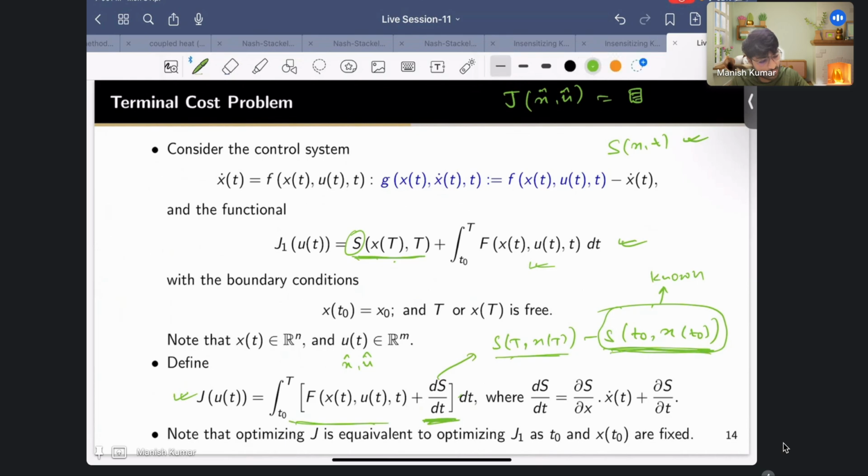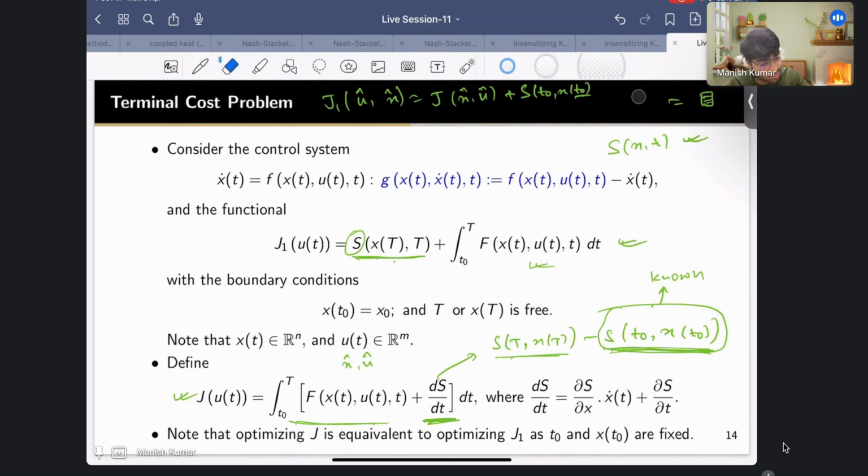To get the minimum value of J1, J1 at u hat and x hat would be nothing but J at x hat, u hat, and you just subtract or add whatever, so here you will have plus s of t naught, x at t naught.